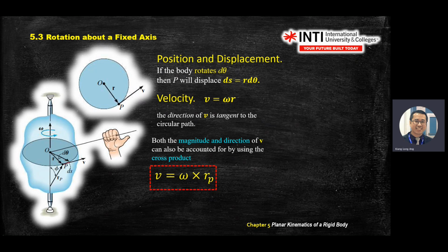And omega and r are always 90 degrees here.